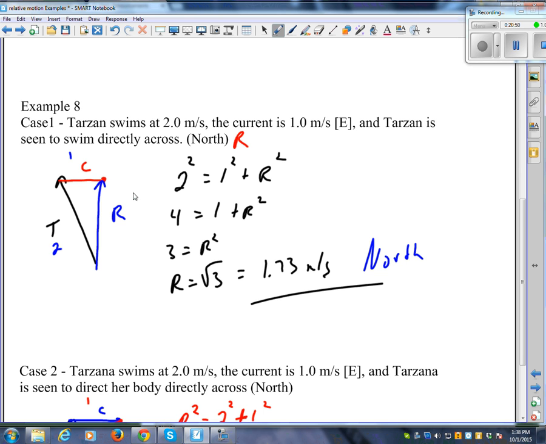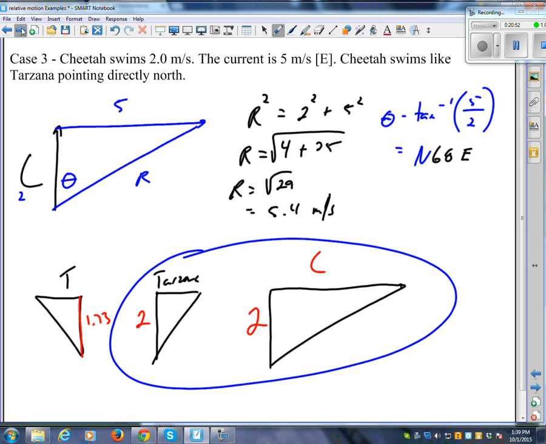So these two actually tie. Cheetah, he just ends up way downstream, but he gets there in the same amount of time. And we're still not sure what he is, whether he's an ape or a pet or what he is. I don't know.